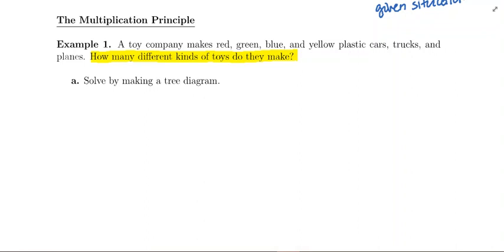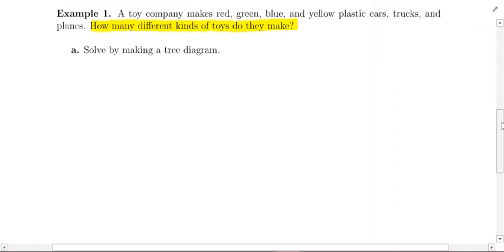Basically, you're going to draw this little diagram and it looks like a tree, but what it's doing is counting all the different possibilities. So when I read this problem, I say, okay, the toy company is making cars, trucks, and planes. And each car, truck, and plane is made in a different color, whether it be red, green, blue, or yellow.